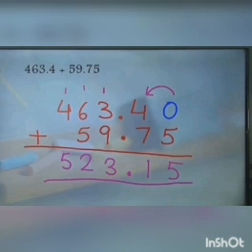So 0 plus 5 gives me 5. Now I move to the left. So 4 plus 7 gives me 11. But can I write 11 here? No, I cannot accommodate two digits at the tenths place. So what I do is I write 1 here and 1 gets carried over. Just like normal addition, I put the carry over.